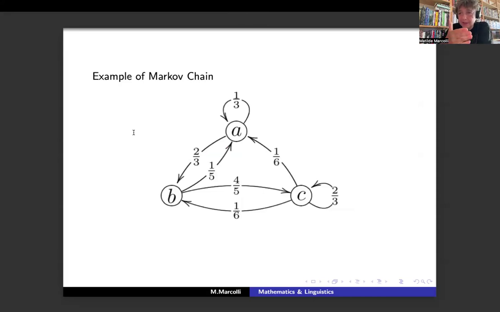You can think of it as a directed graph with corresponding probabilities along the edges, and with the different possible letters of the alphabet as the different states where you can move from and to at each step.